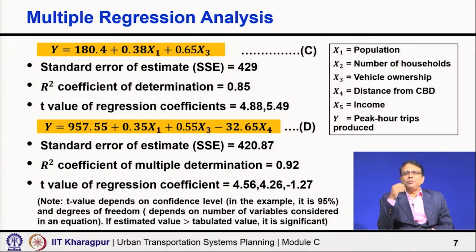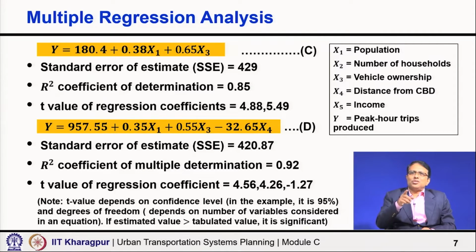So, generally I would say even at 90% confidence level, it should be around 1.64, expected to be around that. But here it is 1.27. So, 1.27 is definitely not statistically significantly different from 0 at 90% confidence level.